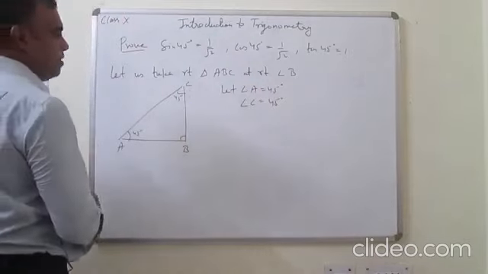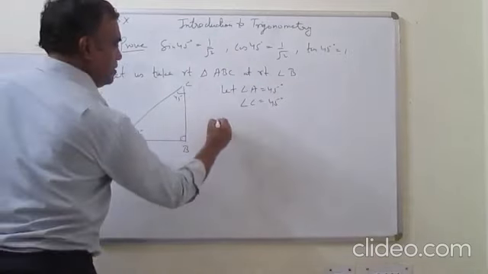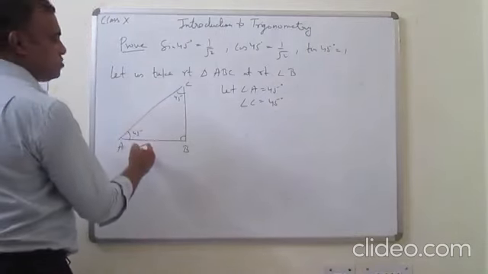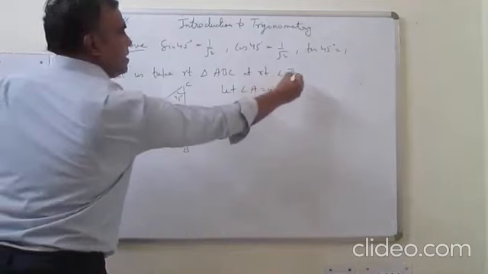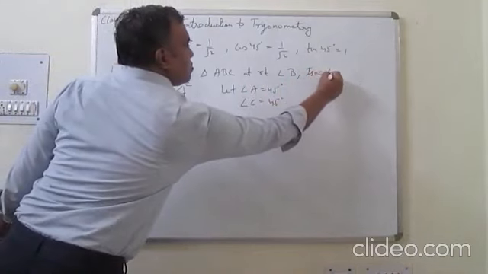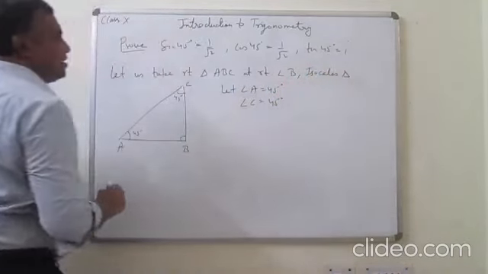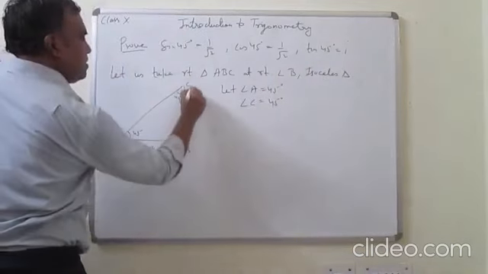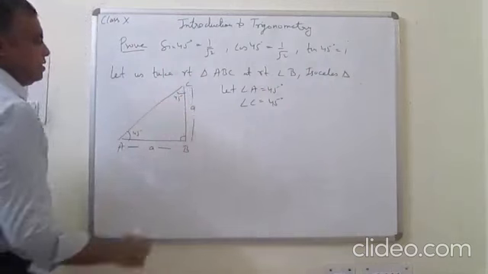Now what is the formula? Triangle ABC is a right angle triangle and it is an isosceles triangle, right angle at B. Take side AB as a and BC as a.